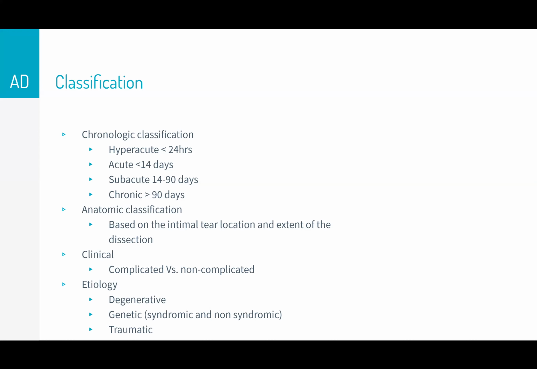We can classify dissection clinically, either as complicated or non-complicated, depending on the things that happen because of the aortic dissection, either organ malperfusion, myocardial ischemia, stroke, or spinal cord ischemia. And also due to the etiology. Either it's degenerative, which mainly happens in older patients, or genetic, which can be part of syndromes or non-syndromic, or traumatic due to trauma.